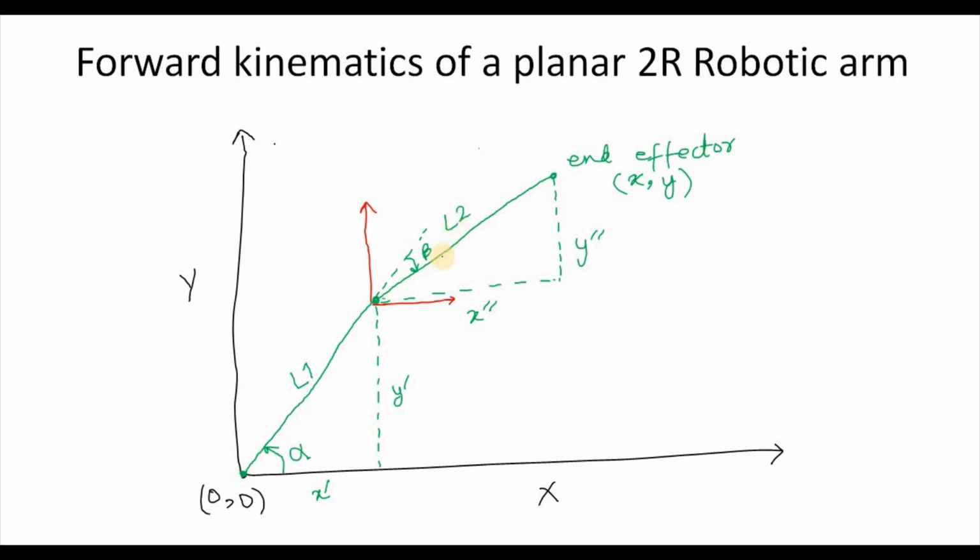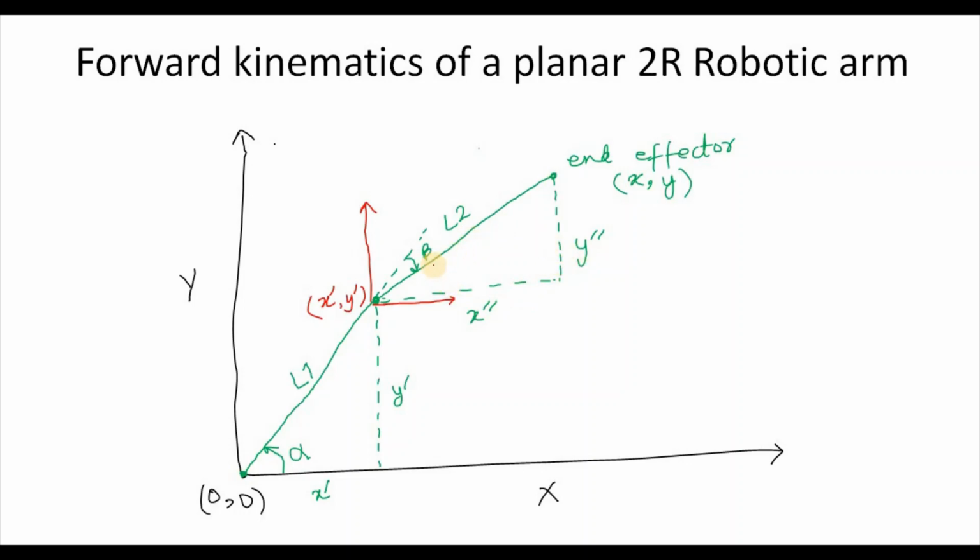We have a triangle here having this point x dash y dash, the origin of this reference frame, and then we have this L2, the main line, which is known. We want to find x double dash and y double dash.